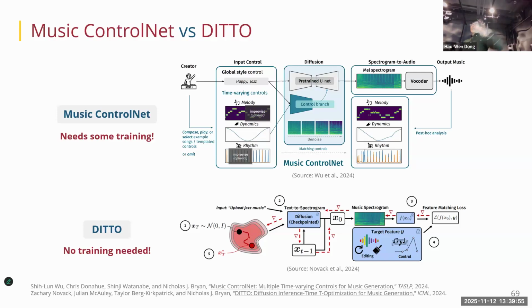And Music ControlNet is basically training a sort of pseudo pair that will add something to this UNet. So this is the original model, just some text, and then go to this pre-trained UNet and get some background. And now you are adding these conditional things, and you want to affect how you generate the music.